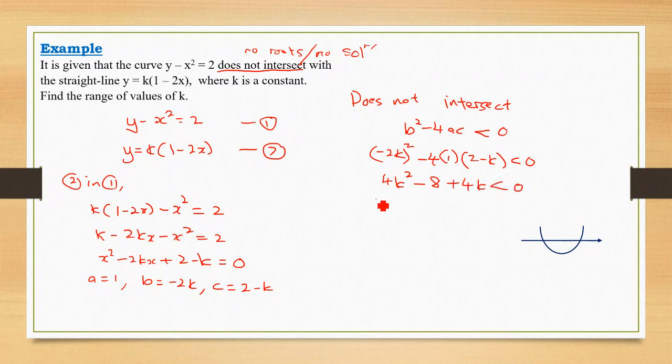Again, you see a quadratic inequality. So we need to factorize. But I see some common factor, so why don't I simplify this first? Divide by 4. And then I can factorize.